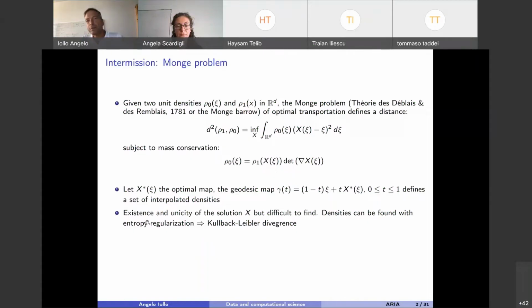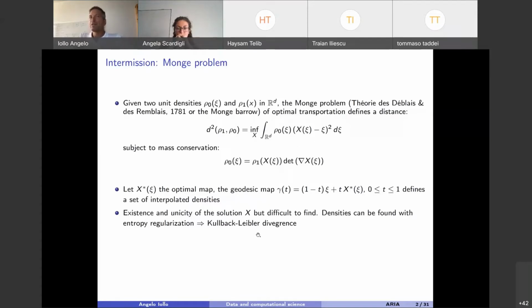The way to find the map in general is not easy. It implies the solution either of an optimization problem or the solution of nonlinear equations, as I will discuss in a moment. In image treatment, they have an approach which is extremely efficient, based on the KL divergence, which is a kind of regularization of this problem.